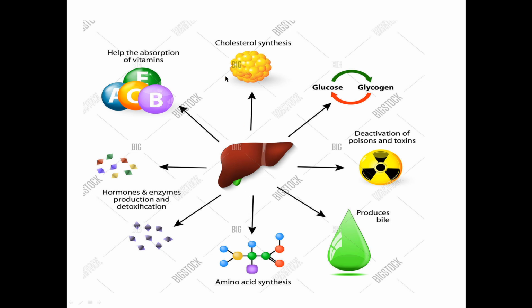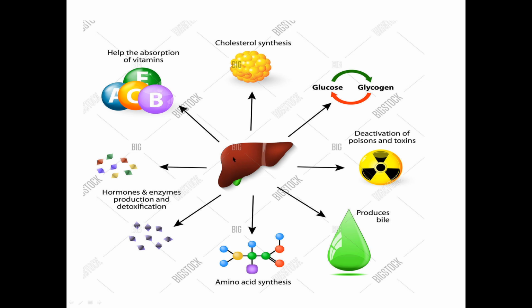The liver also takes part in fat metabolism and carbohydrate metabolism, with accumulation of glycogen and then formation of glucose from glycogen in case of need. The liver also has detoxification and bile production functions.